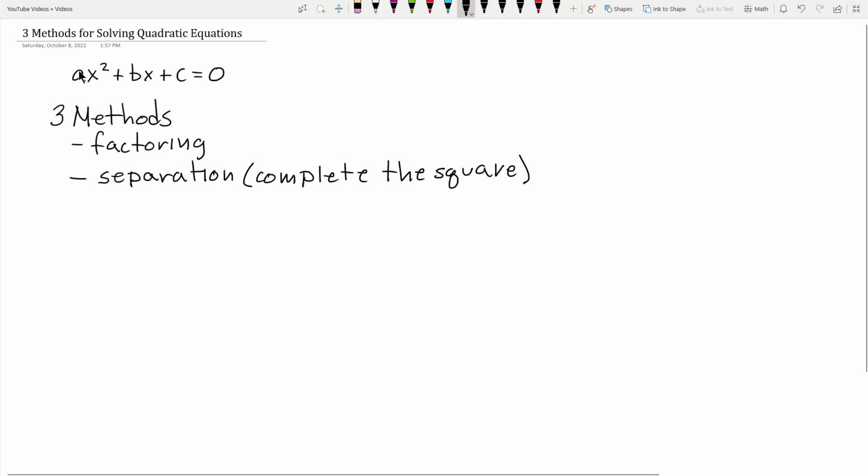I will link to my completing the square video in the description of this video. And then the last one is the quadratic formula.